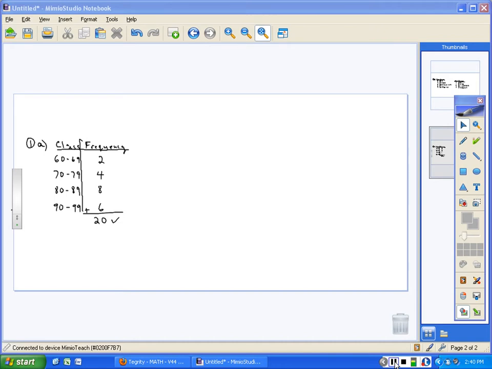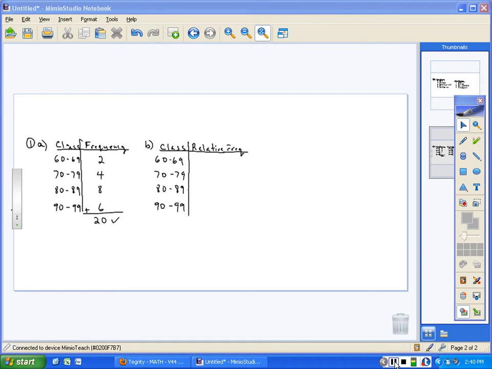Okay, now for part B, we need the relative frequency. So the left side is still class, but the right side is called relative frequency. The left side is the same as part A: 60 to 69, 70 to 79, 80 to 89, and 90 to 99.